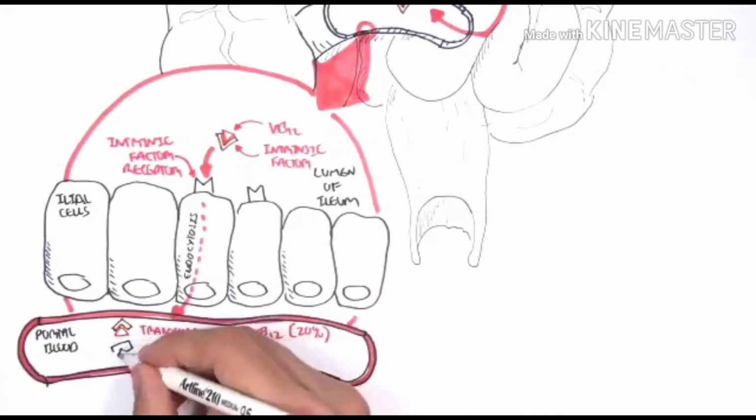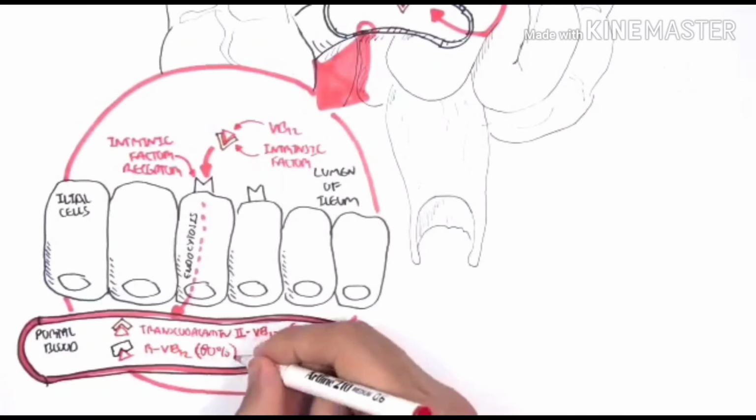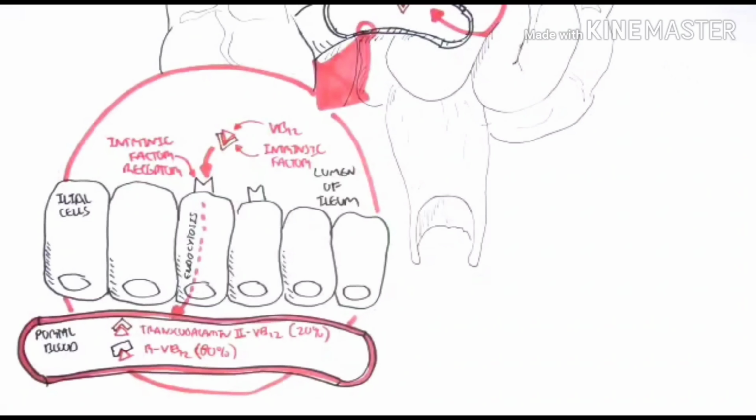The remaining 80% is connected to the R vitamin B12 complex. The 20% transcobalamin 2 vitamin B12 is going to be utilized by the body cells, whereas the R vitamin B12, that is 80%, gets excreted out from the body.